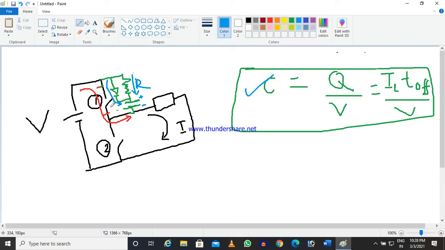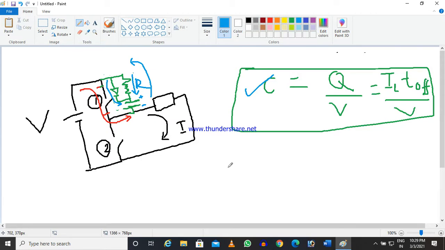Once the switch closes again, due to the diode, the path through which it got charged will not discharge in that path because the diode is in reverse bias, basically creating an open circuit. Now it will discharge through the resistance. As resistance is there, it will restrict the current flow.